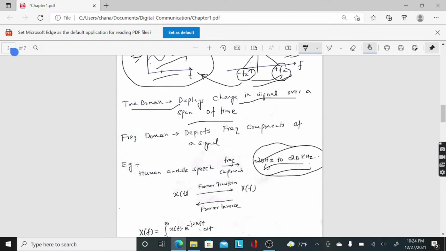In other words, every sound will have frequency components somewhere between 20 hertz and 20 kilohertz. Again, it need not have the entire range of frequency components, but it will have some components between these two.